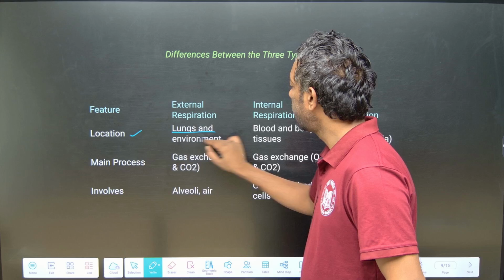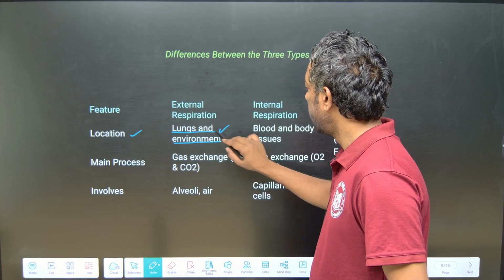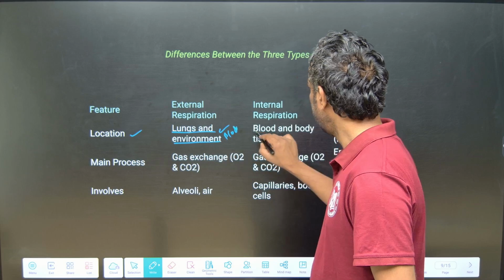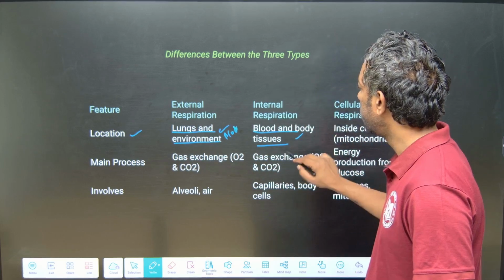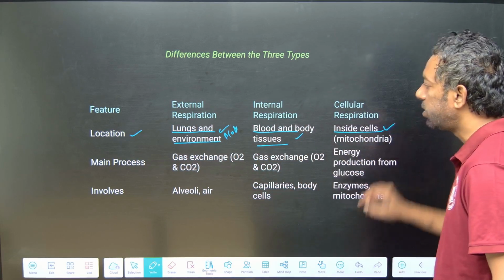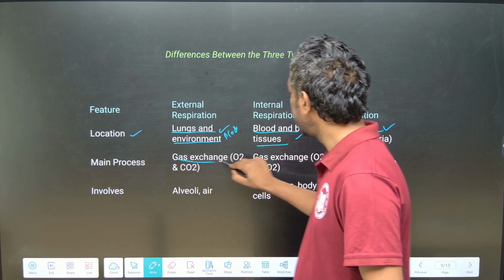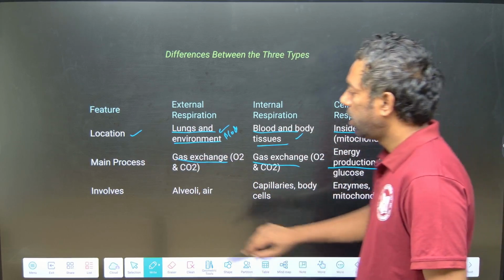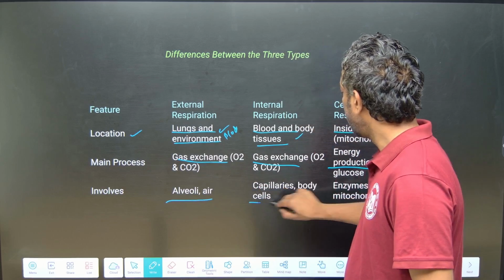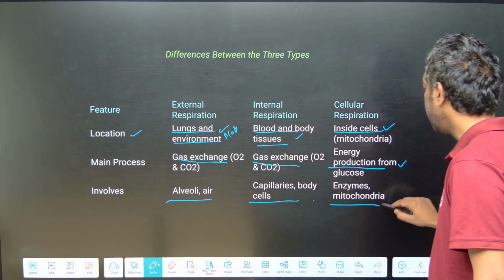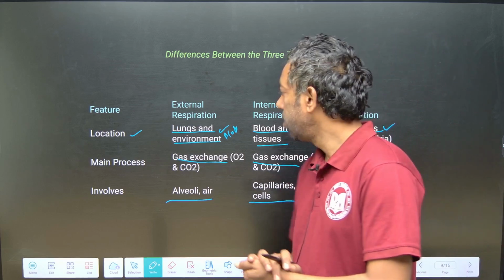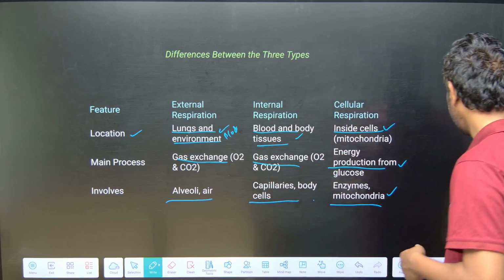Location: lungs and environment for external; blood and tissues for internal; inside the cells for cellular. Main process: gas exchange, and here energy is produced. It involves alveoli, capillary blood vessels and enzymes of the mitochondria.